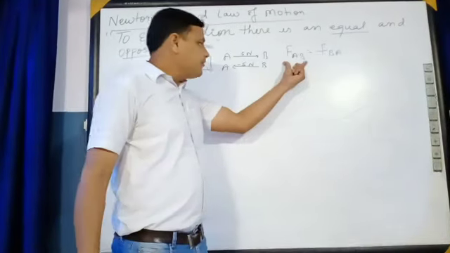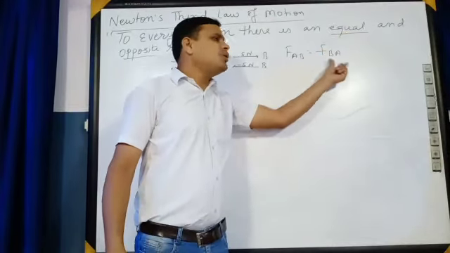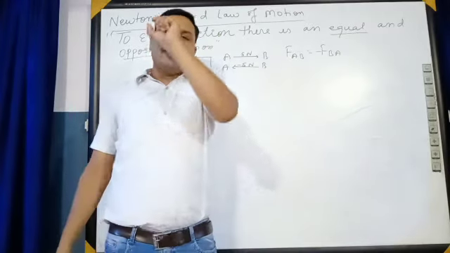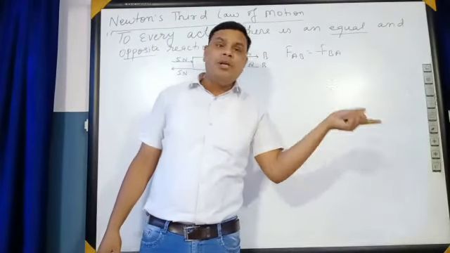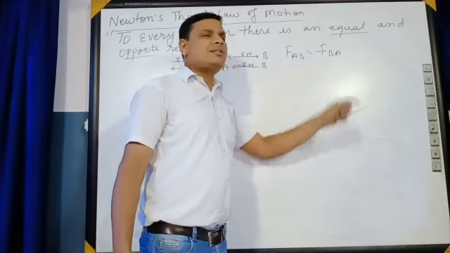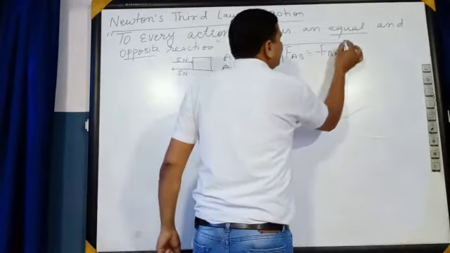Both the forces will be equal. If A is applying a force on B, then with the same magnitude B will apply on A. Opposite reaction means opposite direction; minus shows the opposite direction.